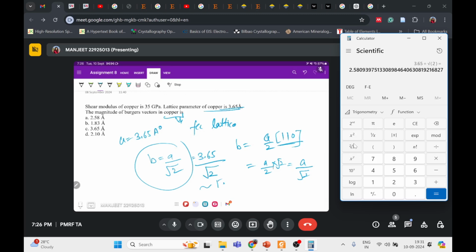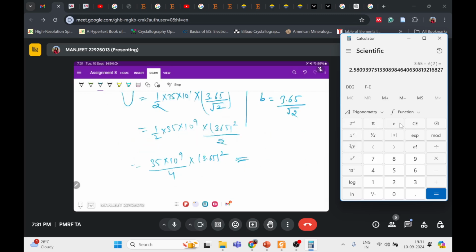When you calculate this value, you will get around 466.2875 divided by 4.